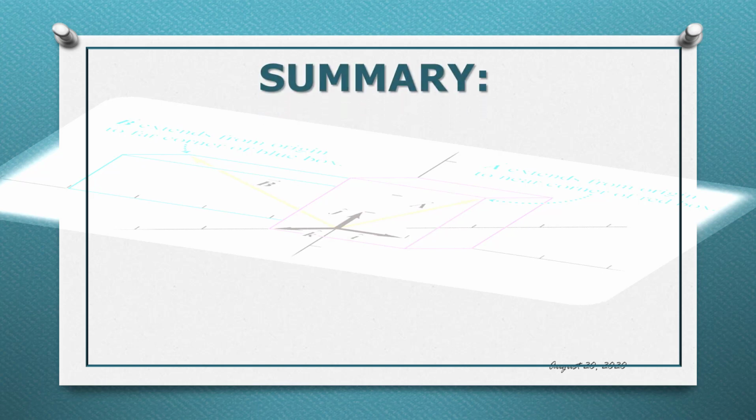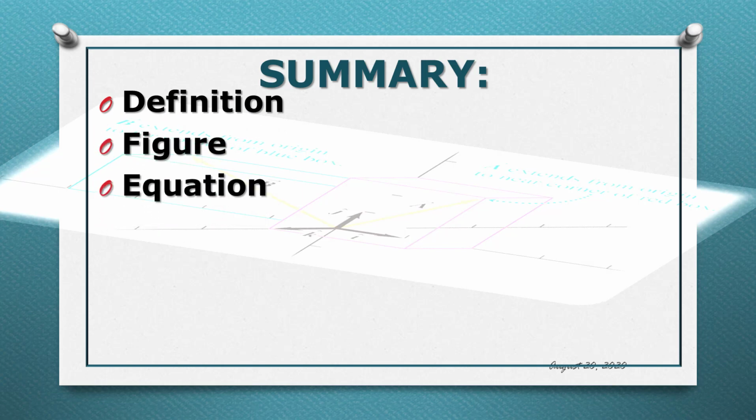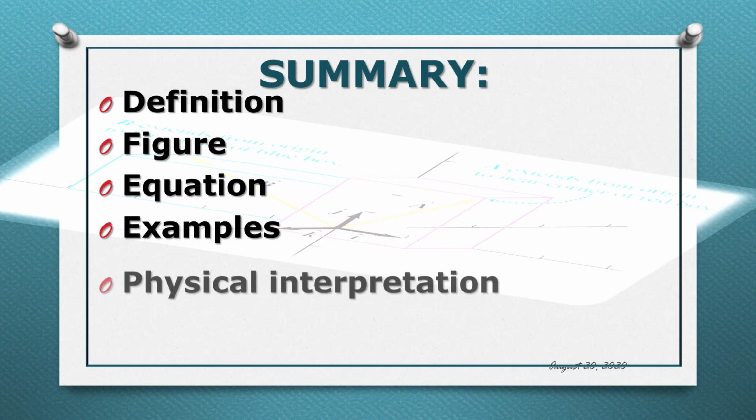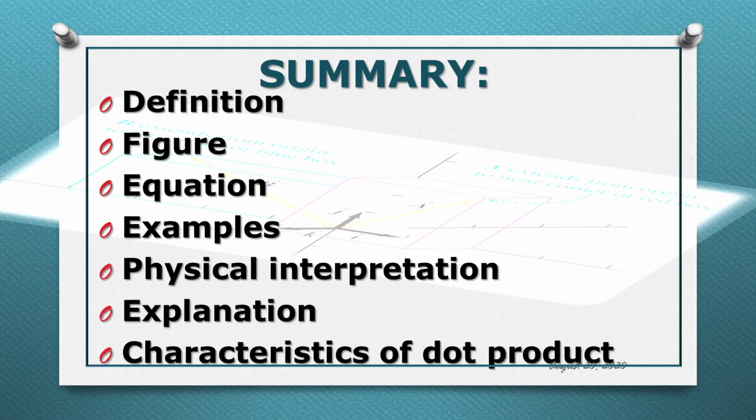Now if you are writing this scalar product or dot product as a long question, then you can make different headings for it. It's up to you what headings you make, but a format could be that first of all you write down the definition, then draw the figure, then write down the equation, examples, physical interpretation, explanation and characteristics of the dot product, and then write each characteristic with a separate heading.